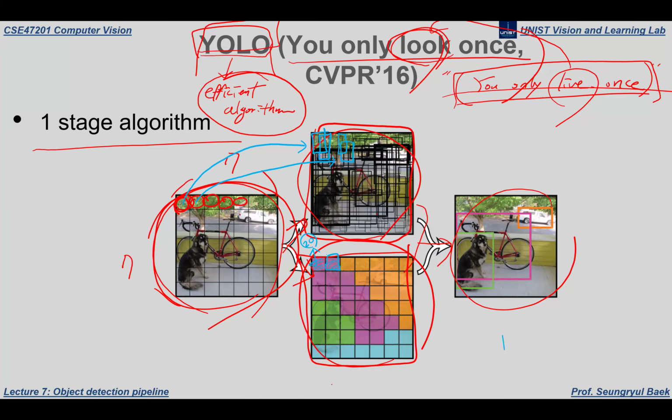Are you guys understanding this? This figure denotes this amount of output values. For the 7 by 7 grid, they estimate both 2 bounding boxes and a 20-dimensional vector denoting the probability vector for object classes.